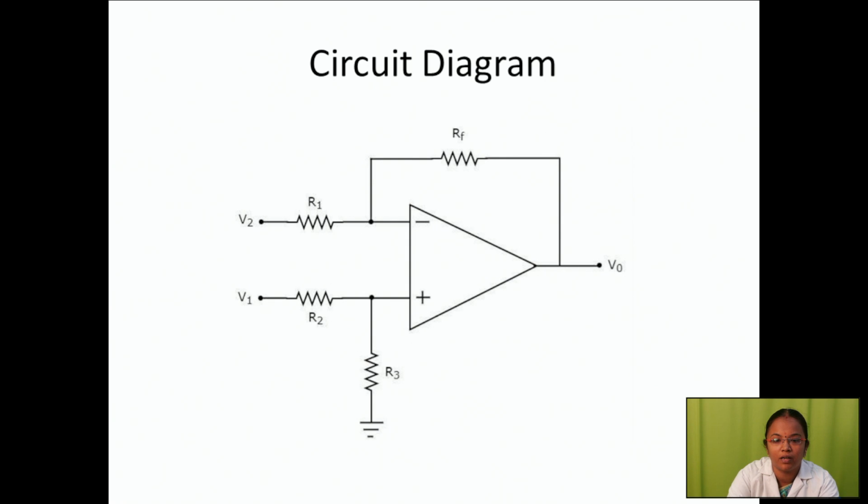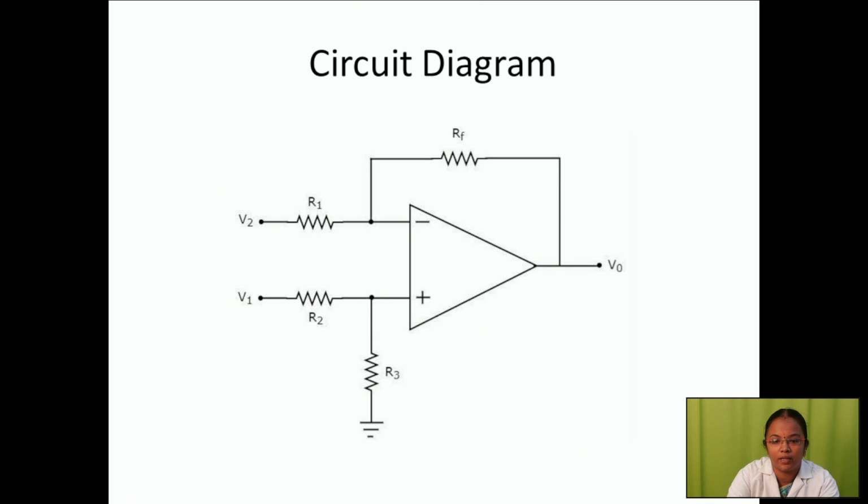Here we have voltages V1 and V2. The voltage V1 is applied to the non-inverting terminal and V2 is applied to the inverting terminal. R1 and R2 are input resistances, R3 is a compensation resistor, RF is the feedback resistor, and the output voltage is V0.